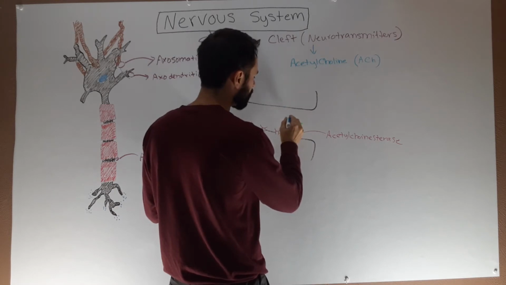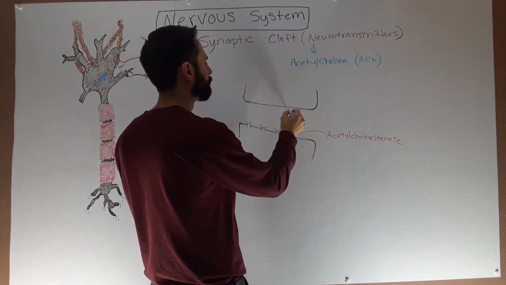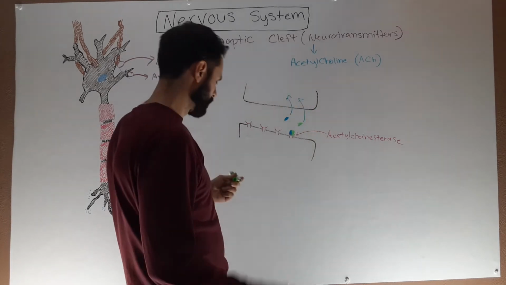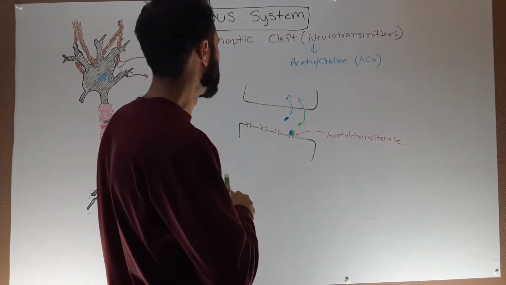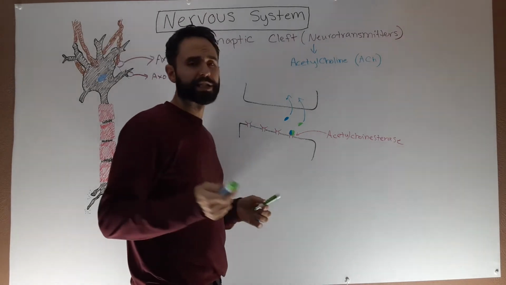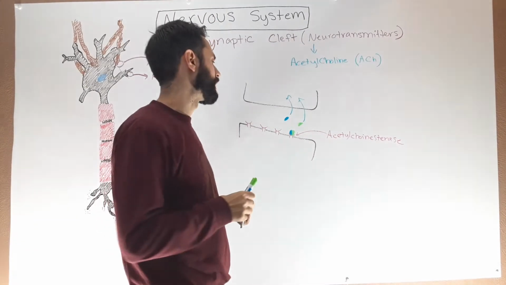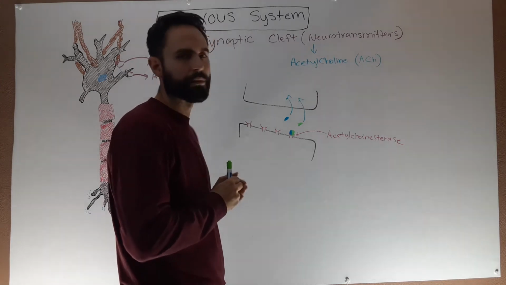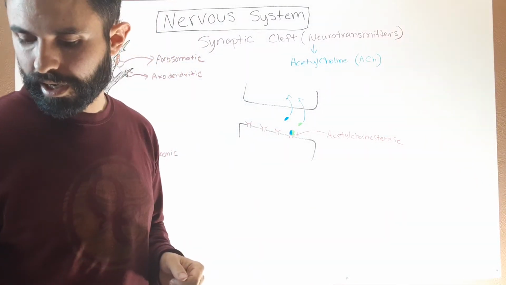And then when it's broken apart, it's able to be taken back into the presynaptic membrane there, or into the presynaptic terminal, or the baton. And the various mechanisms, it's going to be rejoined together, okay, and it's going to reform acetylcholine, okay. So things are always being recycled in the body and going through those processes, okay.